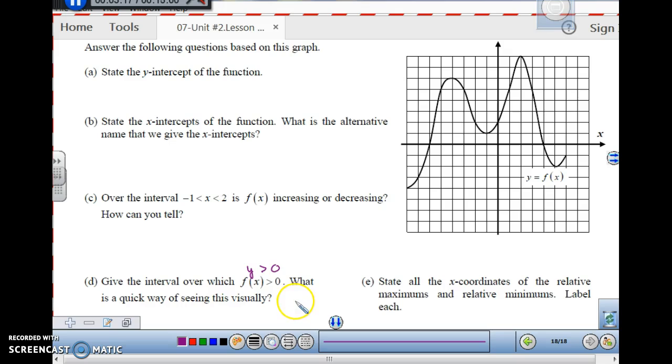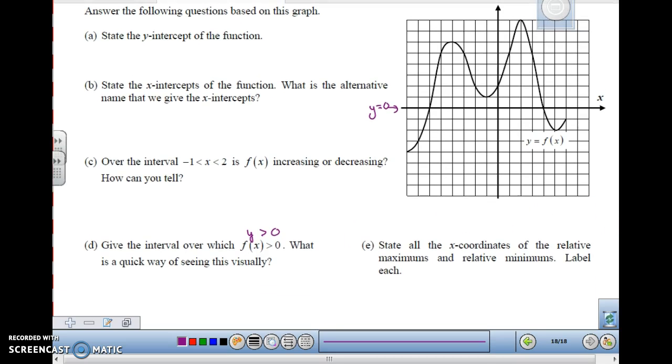All right, let's think about this for a second. We said that y is equal to 0 when you're on the x-axis because that comes from the x-intercept. So we know that the x-axis is y is equal to 0. If we were seeing this visually, how would we know where the function is greater than 0?